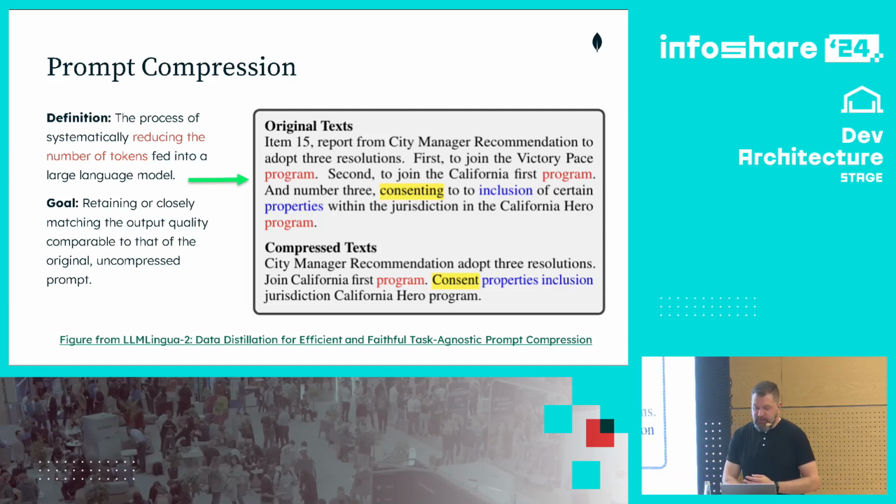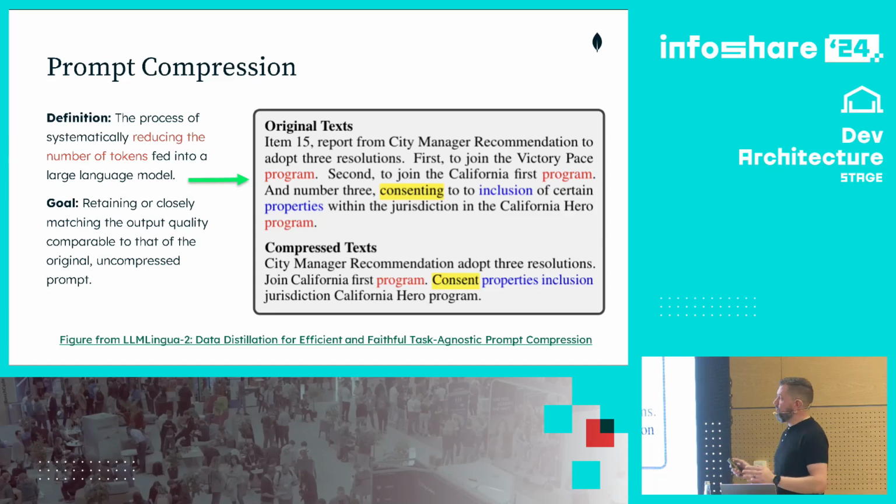The compressed text has the essence of the information from the uncompressed prompt. And the advantage here of utilizing prompt compression techniques lies in the ability to maintain the general information of the uncompressed prompt, but with a significantly less amount of tokens used.